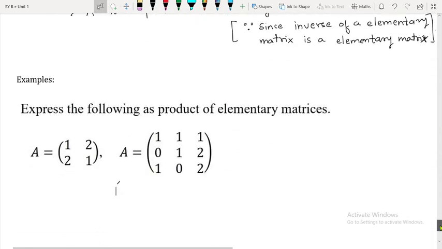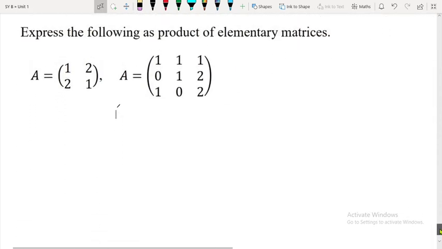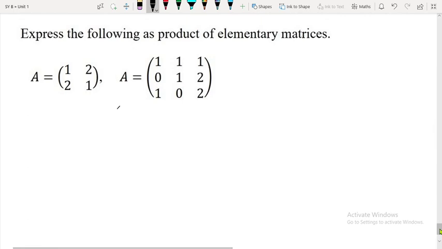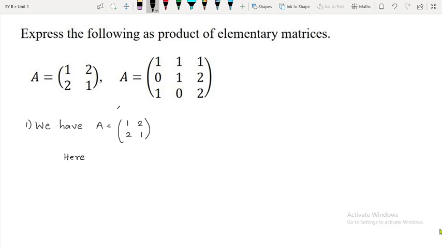So now let us start with the examples. First example, we have our A to be the matrix 1 2 2 1. So here what is the determinant of A? Here the determinant of A is, I guess, non-zero.